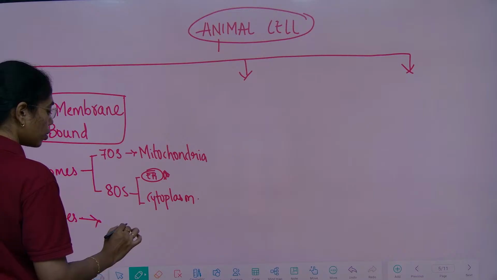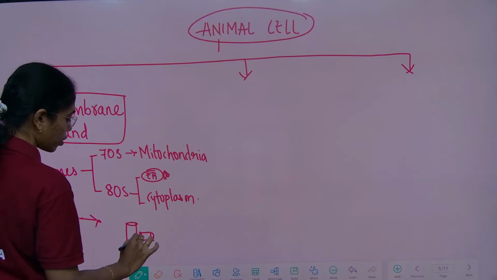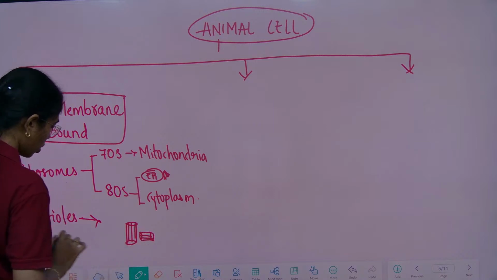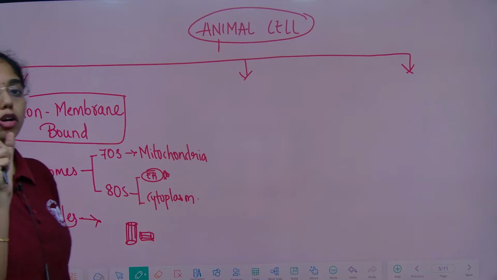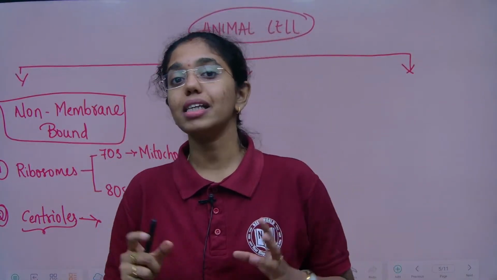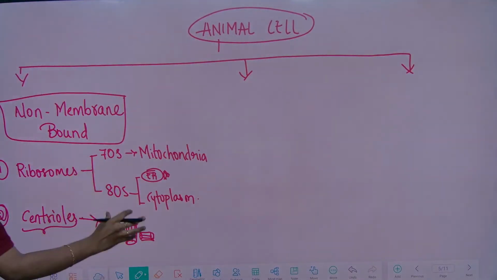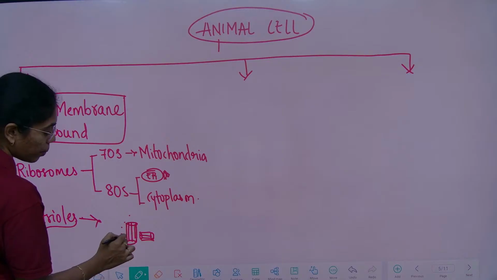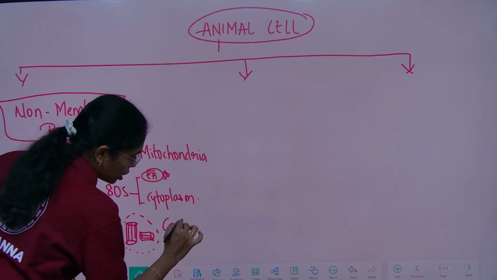Centrioles are two cylindrical structures arranged perpendicular to each other, whose major role is in the formation of the spindle apparatus. You will get a clear idea of the spindle apparatus when we discuss the cell cycle and cell division. They are present inside a centrosome.